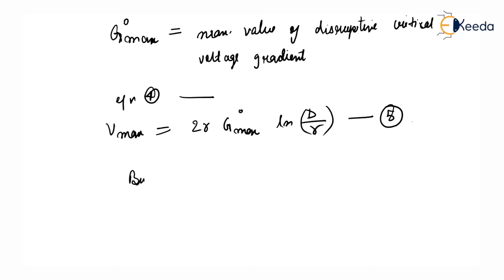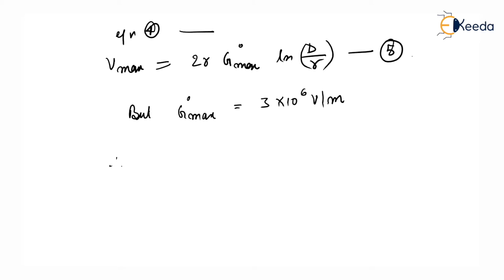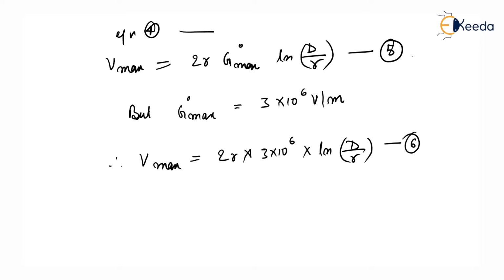But we know g max degree is equal to 3 into 10 to the power 6 volt per meter. Therefore, V max is equal to 2r into 3 into 10 to the power 6 into log d by r. This is equation number 6.